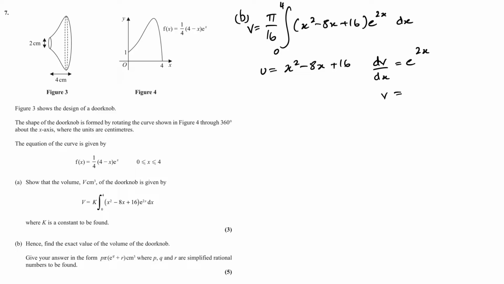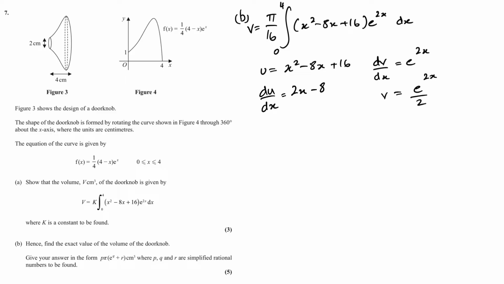So we want to integrate this one, so we get e to the 2x divided by 2, and we need to differentiate this one. That gives me 2x minus 8. Now we just need to substitute this into the formula.